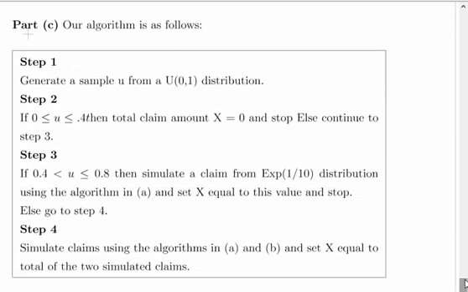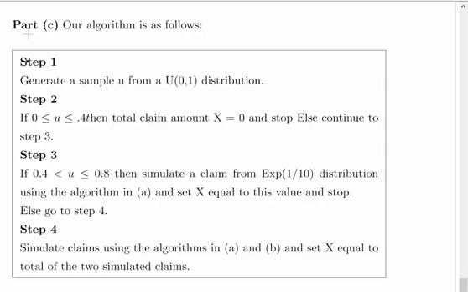Now, this last part here is to come up with a way of simulating the total sum from any given year, so the total claim amount for any given policy. If we're generating on the basis of 1,000 policies, what we might do is run this algorithm 1,000 times.